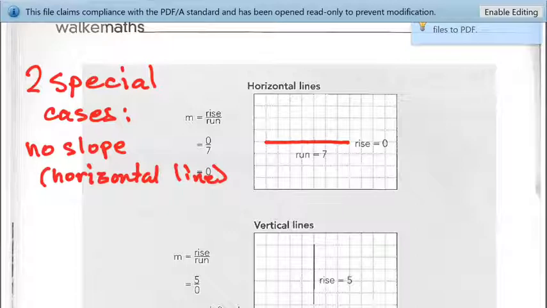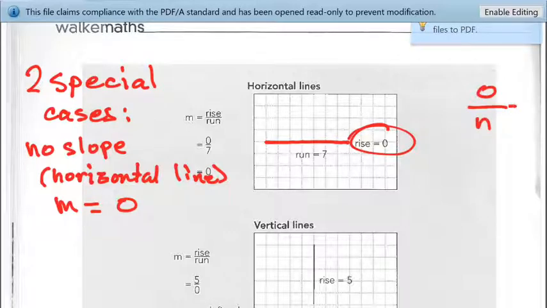So if it was a line following across the x-axis, then the rise or the slope is always going to be 0. It's not going up or down any, right? So it's 0. Now it has run, yeah, left and right, but it has no what? Rise. So that's 0 over some number, who cares? But 0 over anything always still makes 0, right?